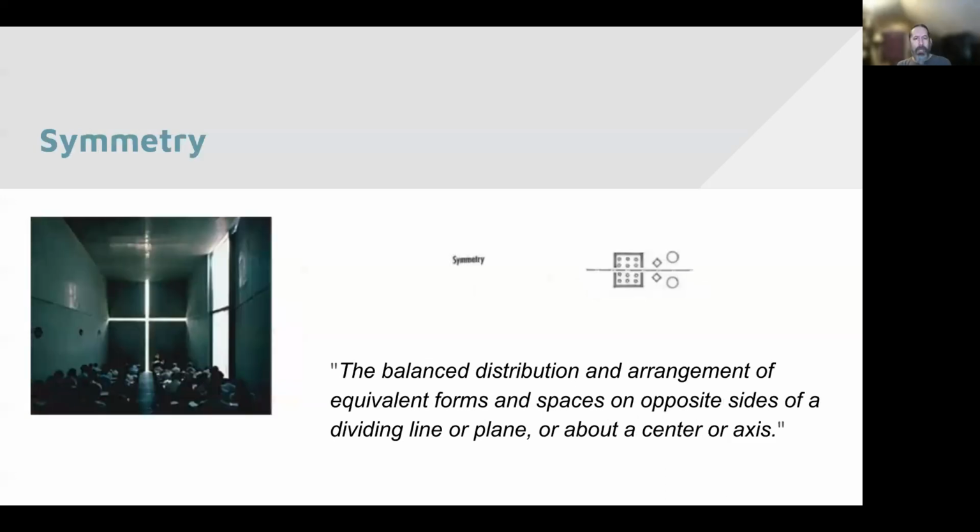All right, symmetry: a balanced distribution and arrangement of equivalent forms and spaces about opposite sides of a dividing line or plane, or about a center or axis. So symmetry can be along an axis, or it could be around a center, and equivalent forms and spaces is important. This doesn't have to be a mirror image in order for the figure to exhibit symmetry.